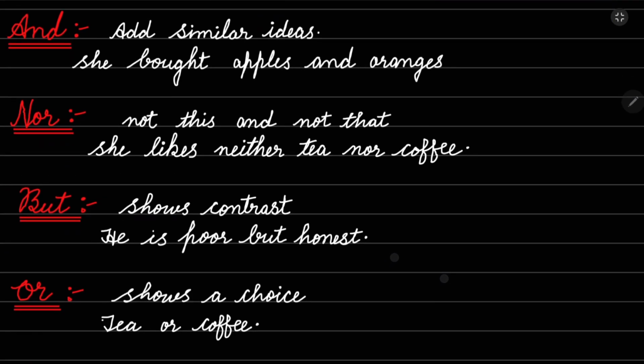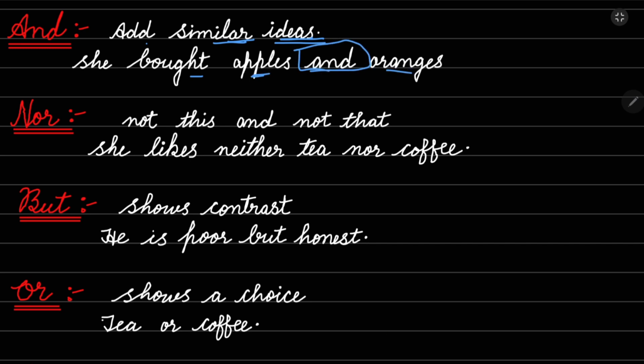Next is and. What is the use of and? The word and adds similar ideas. For example, she bought apples and oranges.